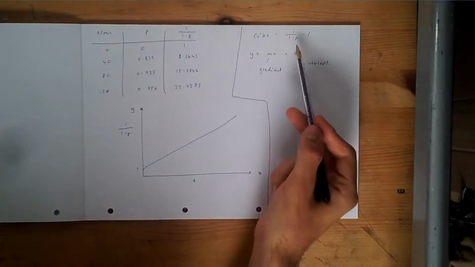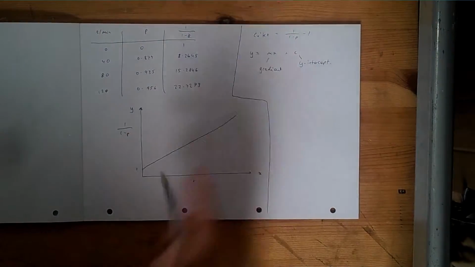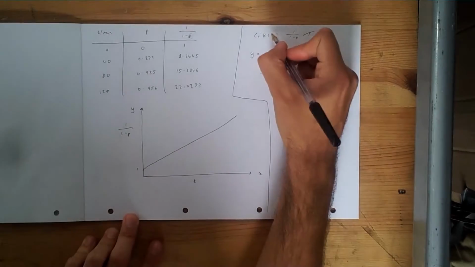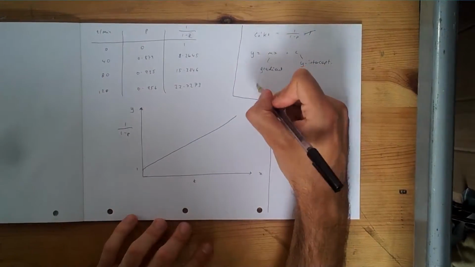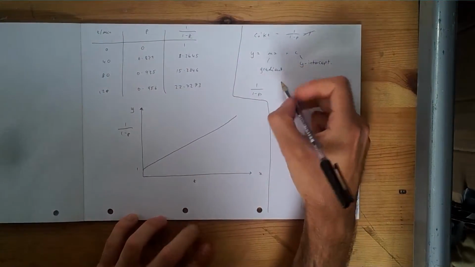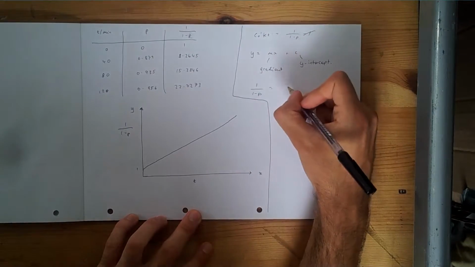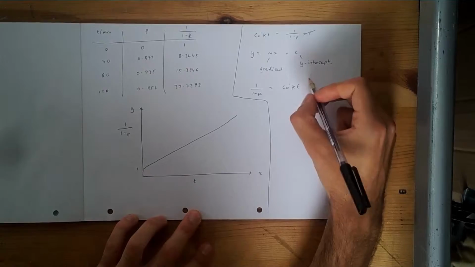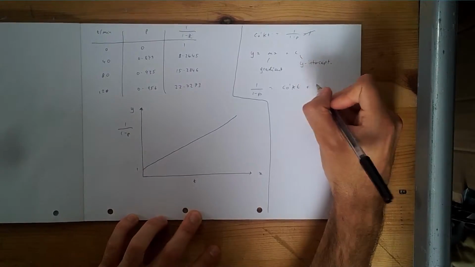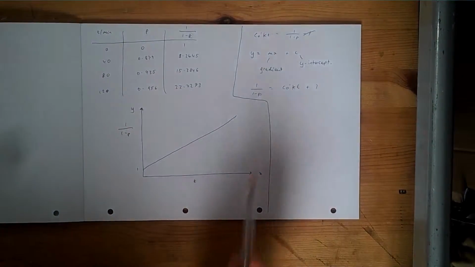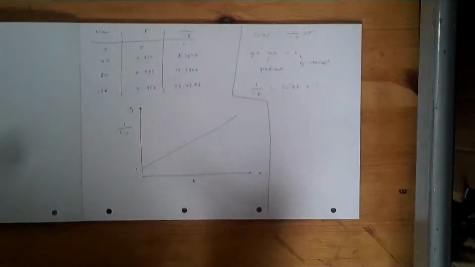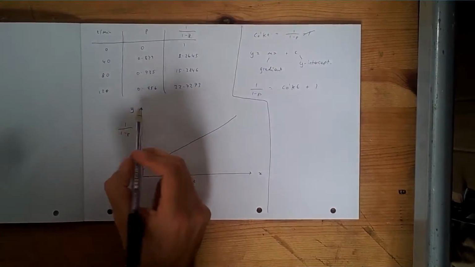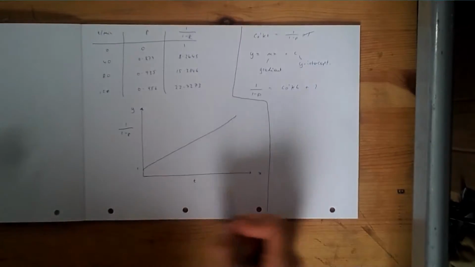If we rewrite this in a more suitable form, all I'm doing is adding 1 to both sides, so I'm eliminating this 1 and putting it on this side. So we have 1 over 1 minus p equals C0' k t plus 1. If we compare these two equations, we know from what we just drew that our 1 over 1 minus p was our y, and the t is the x.